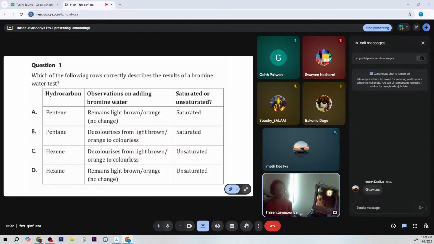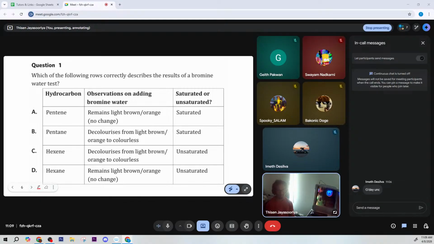So here, I'll get you guys to put your answers in the chat. Which one of the following rows correctly describes the result of a bromine water test? So here we have pentene, pentane, hexene, hexane. Which one would you guys say it is? A, B, C, or D?